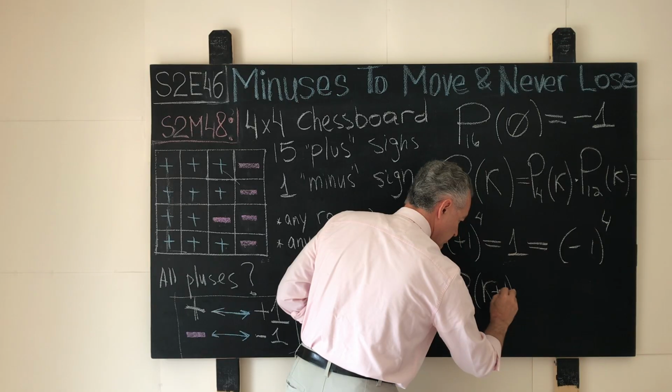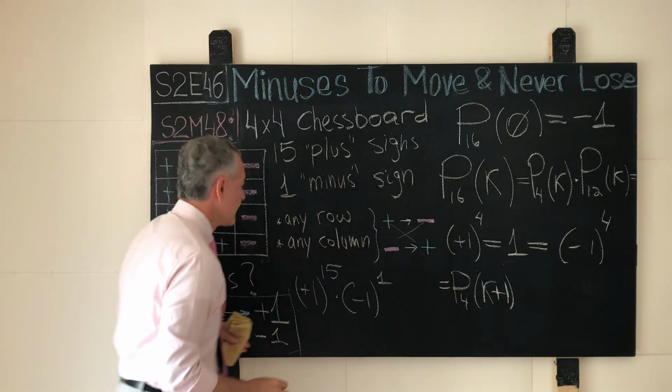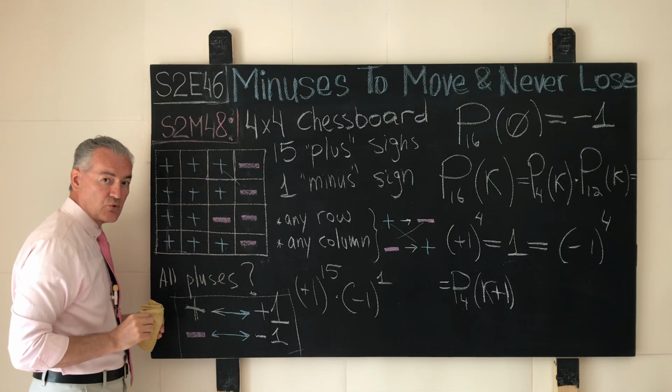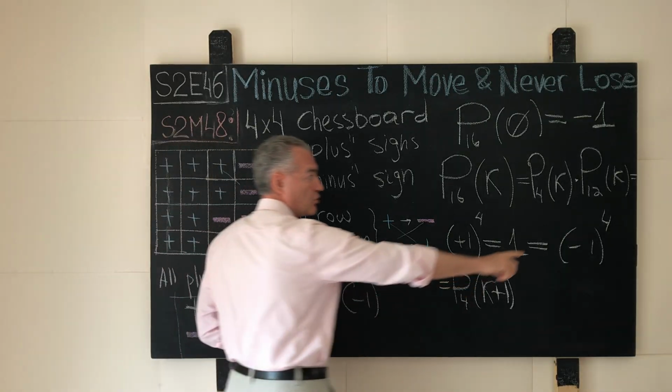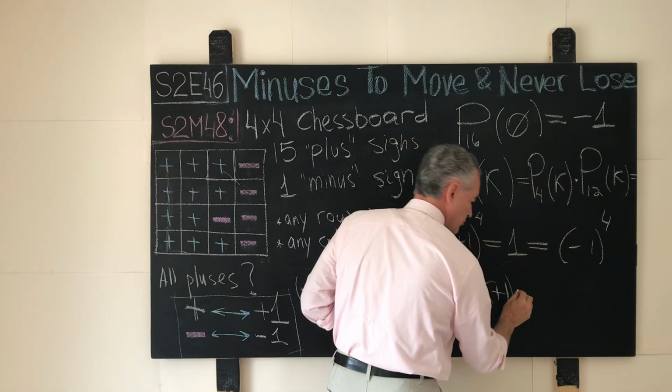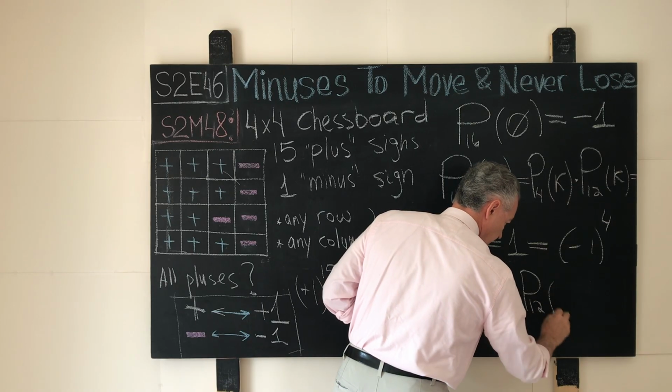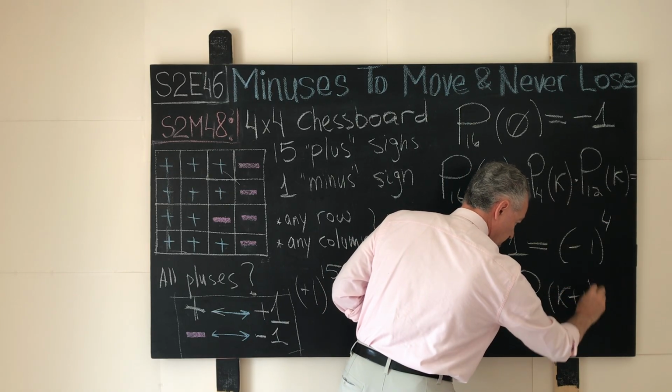And because we did not touch any numbers in the remaining 12 squares of the board, that number survives that move without any change. It is what it is. So P12 at k plus 1. That much should be understood.